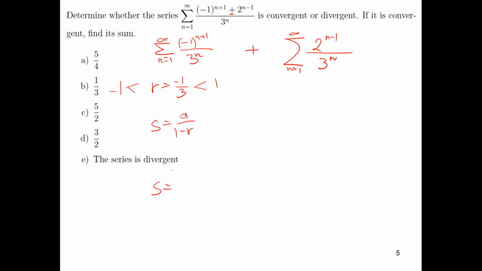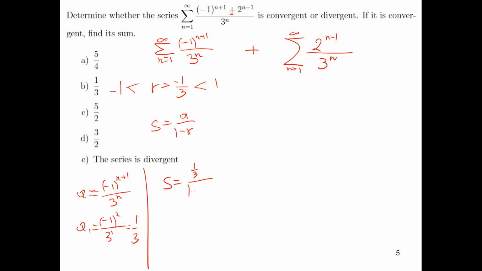And let's compute. A is the first term. The first term, if I take the formula -1 to the n plus 1 over 3 to the n and substitute 1, is -1 to the power of 2 over 3 to the 1, which is actually 1/3. Okay, 1/3, and then I can use my sum formula. 1/3 over 1 minus -1/3.